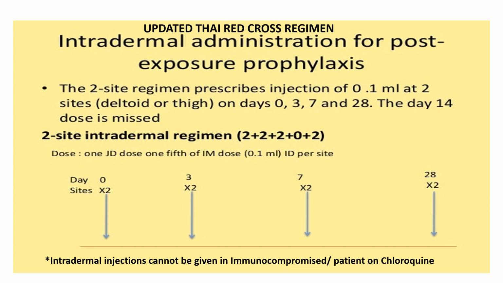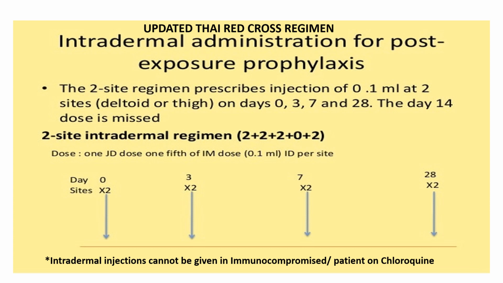That is, on day 0, you get 2 shots on the 2 sides, each of 0.1 ml. Here 0, 3, 7 and 28 days are the days of dosage. That is 2 doses, 2 doses, 2 doses. Then we skip the 14th day and repeat 2 doses on the 28th day. So it is called the 2 plus 2 plus 2 plus 0 plus 2 intradermal regime.